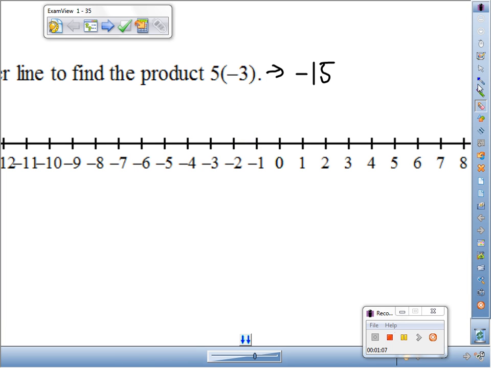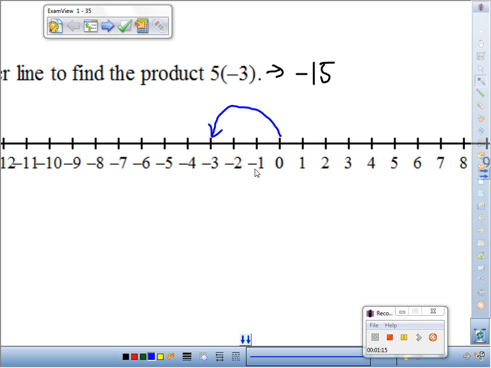What's the factor inside of the parenthesis? Negative 3. So my first jump from 0 has to be to negative 3, and every jump has to be of negative 3. If it's a negative, it's going to the left, and negative 3 is that whole jump. And then the factor outside tells me how many times I repeat that.